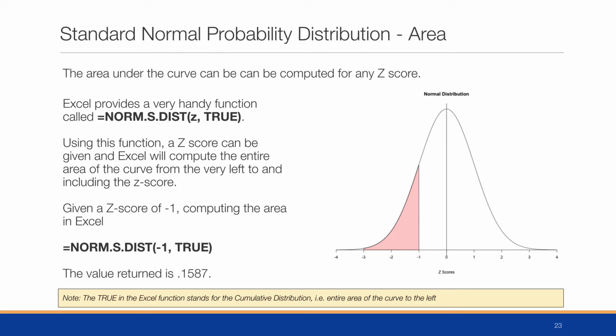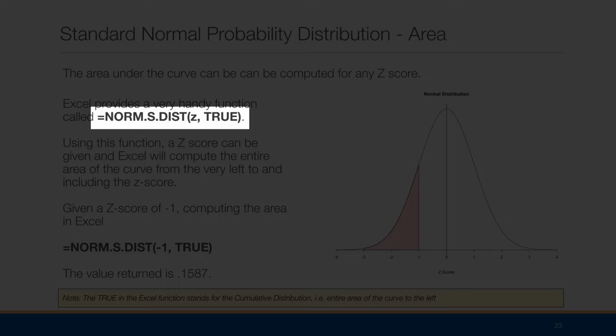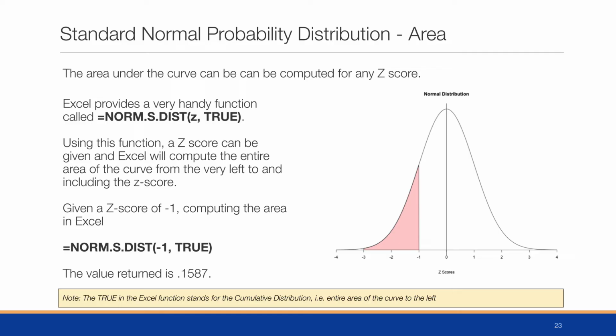So here we have a normal distribution and we have this pink shaded region here to the left. The line is set at -1 for the z-score of -1. So we would like to know the area to the left of -1 all the way out to infinity. Excel provides a very handy function to do this called norm.s.dist. All of these functions that give us the area will always go to the left. They don't go to the right, but we can compute it, and we'll show you that shortly.